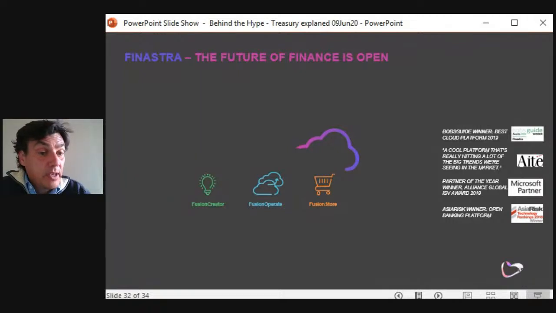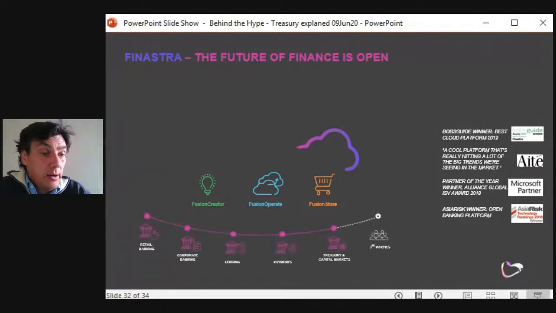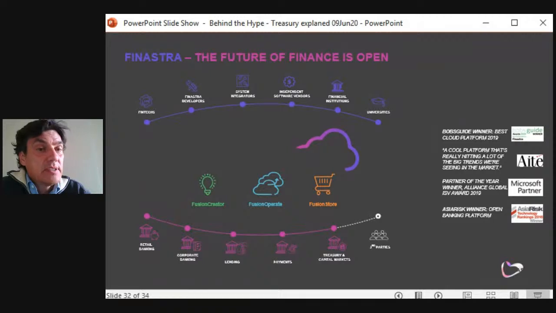So we are putting them on the cloud, we are opening them, we are making sure that all our client types with all our lines of business can access different developers, so the fintechs, or developers, some system integrators, universities, other financial institutions. Everybody can develop into Fusion Fabric.cloud.